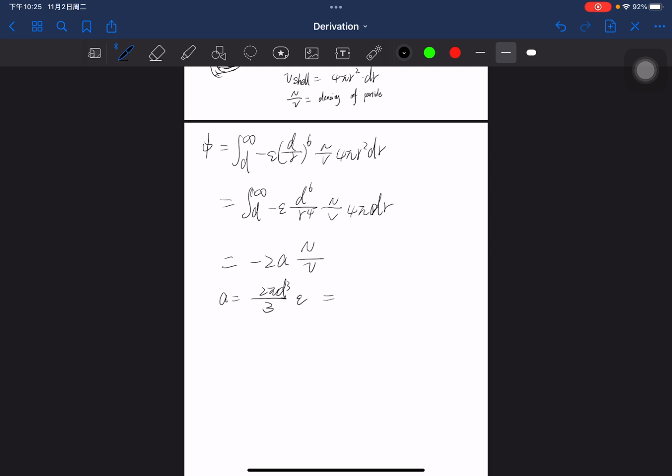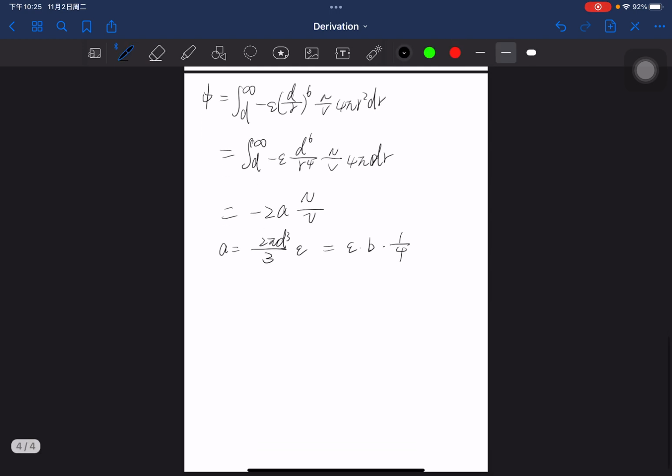You can also do some transformation to this equation, epsilon times b, times 1 over 4, but it doesn't matter.